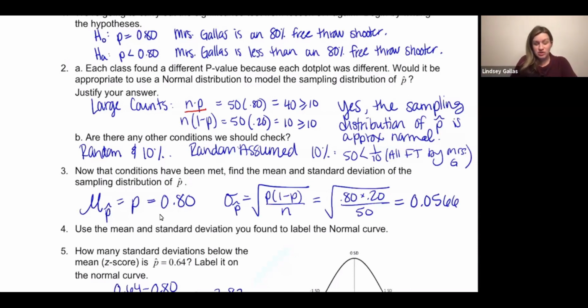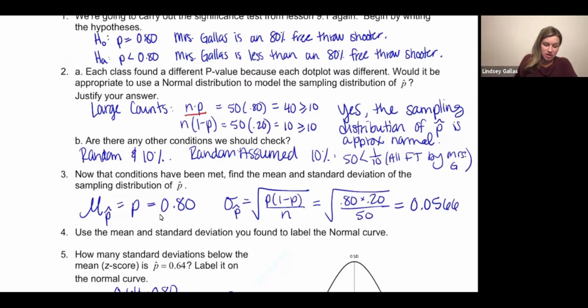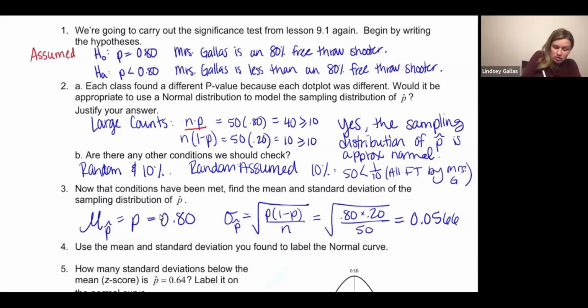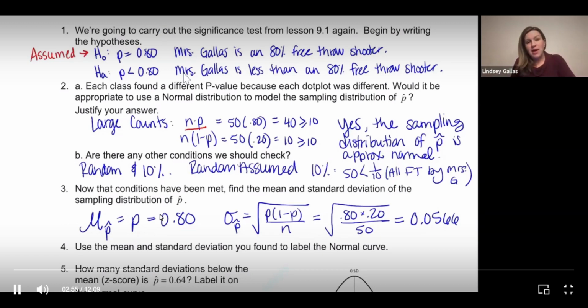But what we've done is we started by assuming the null hypothesis, or assuming that I really am an 80% free throw shooter. So back up here on number 1, next to the null, I'm going to write that we assumed the null hypothesis, which means anytime we need a value for p, we're going to use 0.80 because that's the assumed value.